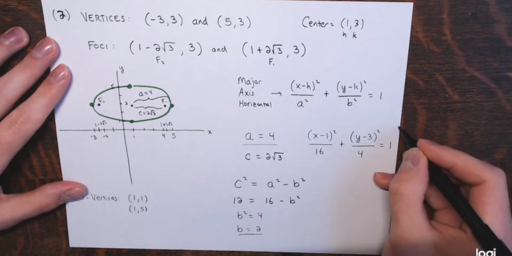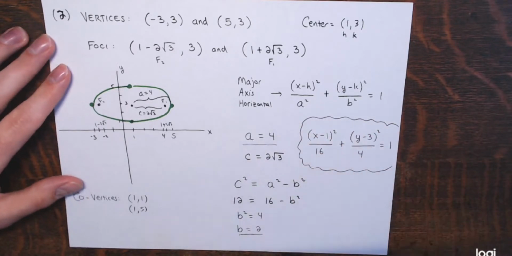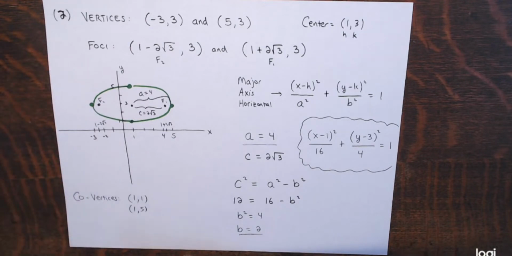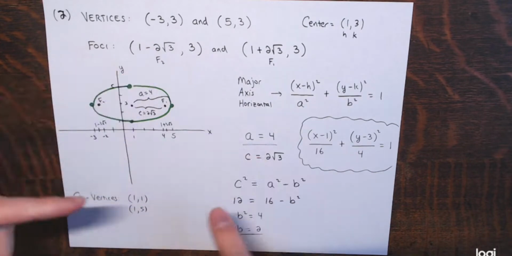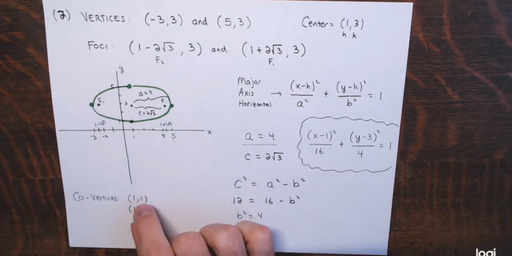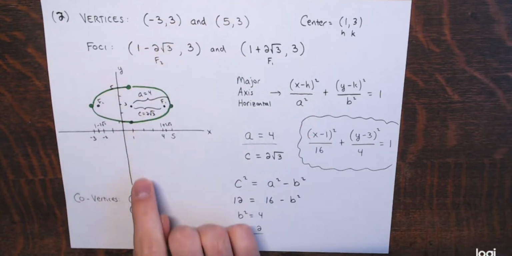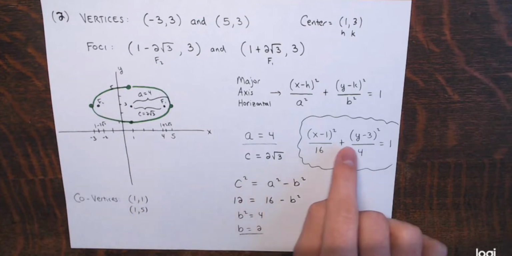And there we have it. This is what they're asking us for. And once again, I'll check it out, just make sure all the information is proper, that the vertices and co-vertices I have written are correct for this equation. And you can also plug in these values. The vertices and co-vertices are actually on the ellipse. So if you plug in those x and y values to the equation, it should make it true.